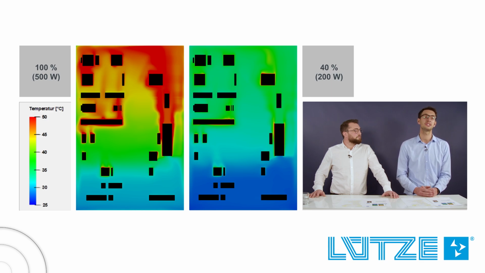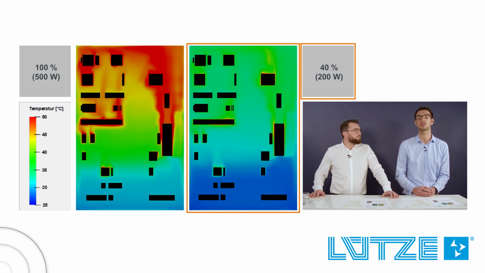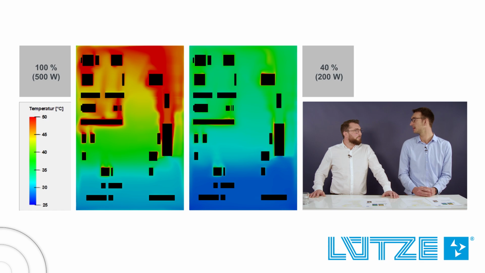Subsequently, using the air temp calculation model we developed together, we reduced the power loss by adjusting the simultaneity factor until we achieved the best possible match between the measurements and calculations. The conclusion was that, compared to nominal operation, only 40% of the power loss was actually present in the cabinet.